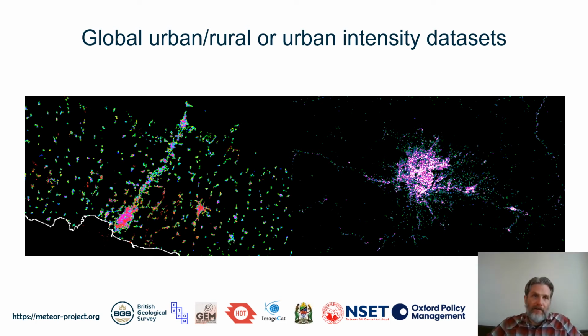All right, again, drilling down into that global urban, rural, or urban intensity data set. Here are two examples again from Nepal. Here's southern Nepal, right there on the border of India. A really great area to look at. This is in a valley. The mountains are up here.